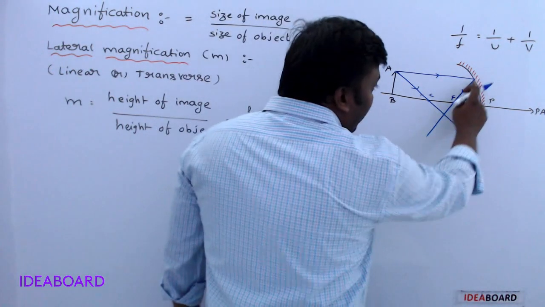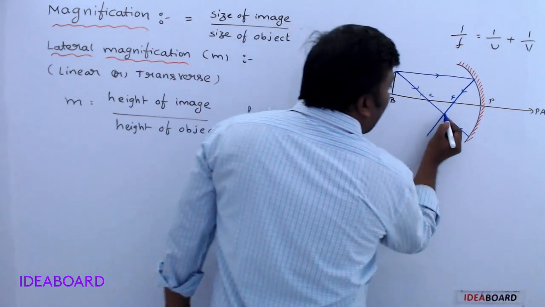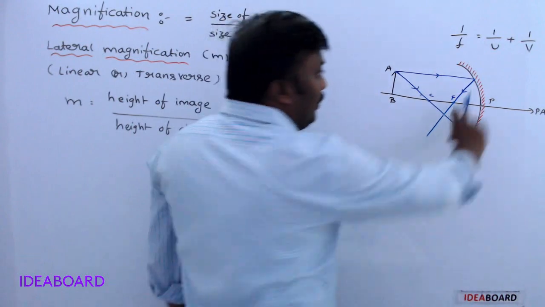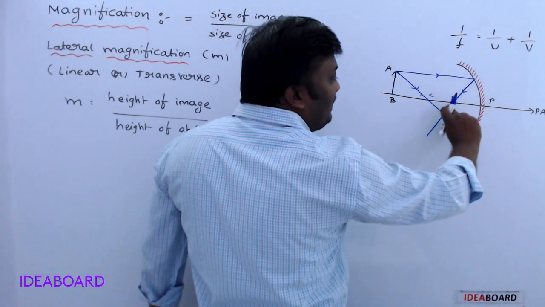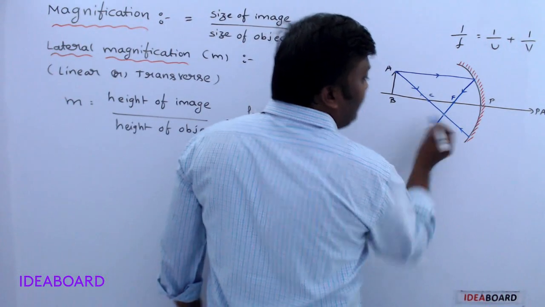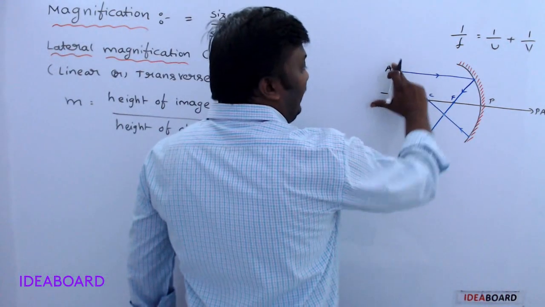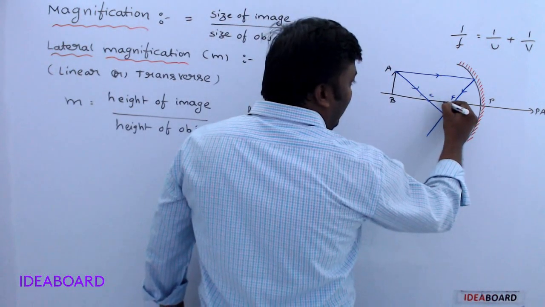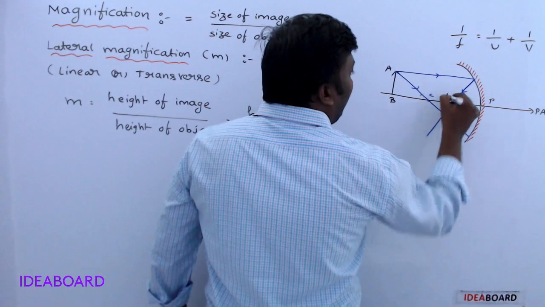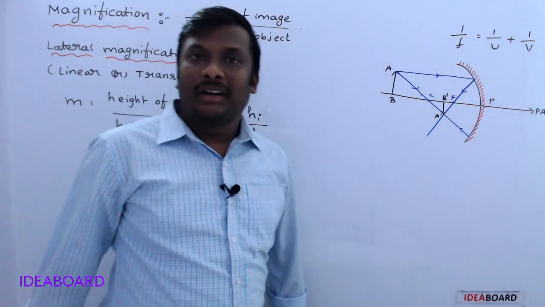So this is one reflected ray, and this is another reflected ray. These two reflected rays meet at this point. The reflected rays are converging at a point, and that is nothing but the image. So we take an object like AB, and we get the image B dash A dash. Do you understand?